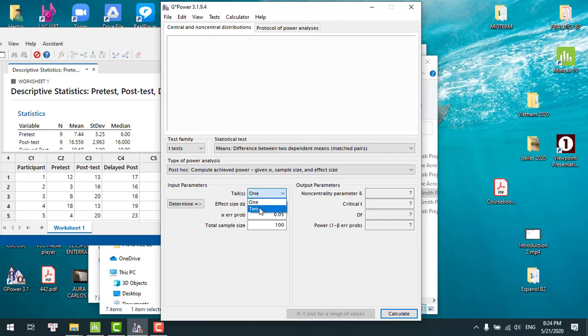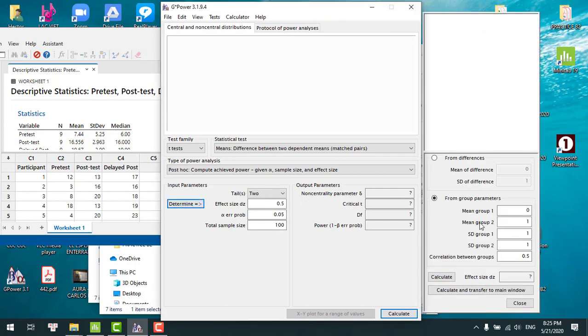Here we're doing a two-tailed test. So make sure we have a two-tailed test, and we have 0.05. That's going to be then the margin of error that we want. Now we're going to enter our data. So here, let's take group 1 to be the pretest group. So we had a mean of 7.44.